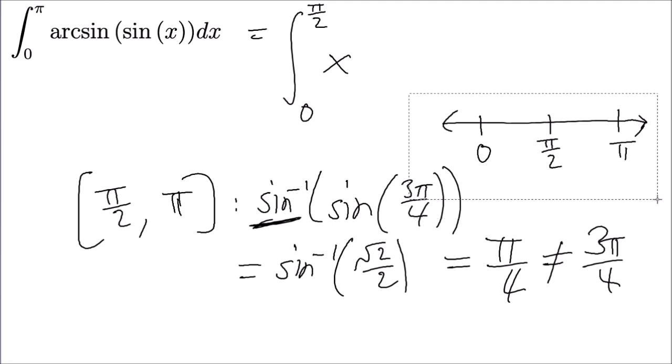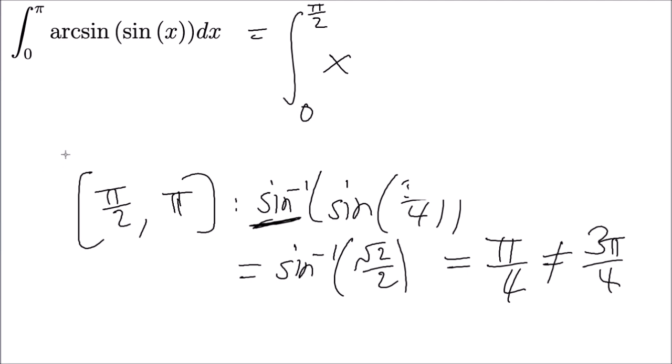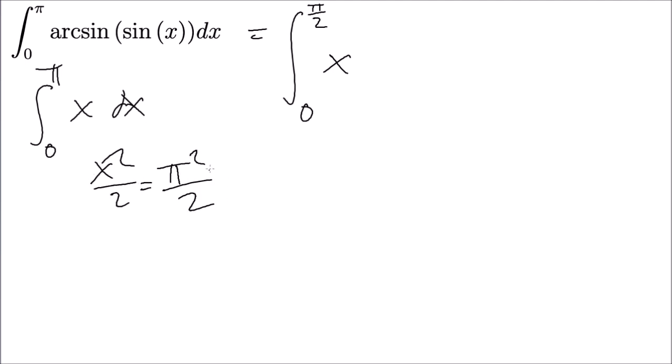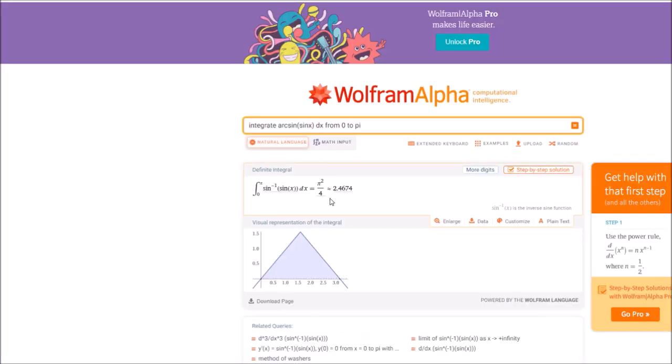Wait a minute, if this was x over 2, people would guess pi squared over 2, right? But I think the answer is pi squared over 4. Aha, I was right. So you see how it's symmetric at pi over 2, right?